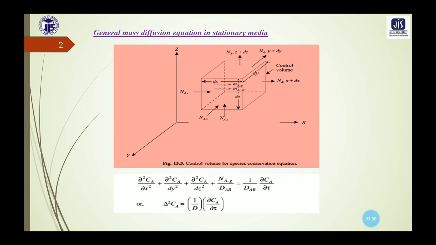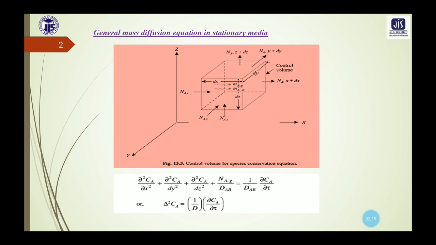This type of diagram we are familiar with, which we used while deriving the heat transfer equation in one-dimension and three-dimension cases. In a similar manner we can derive the general mass diffusion equation in the stationary media.